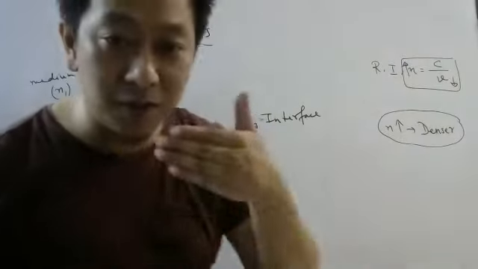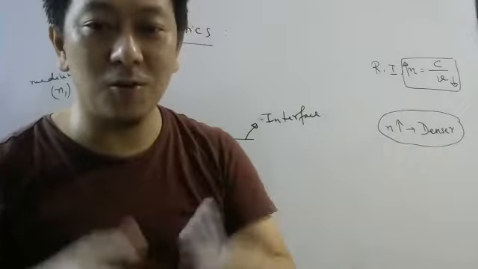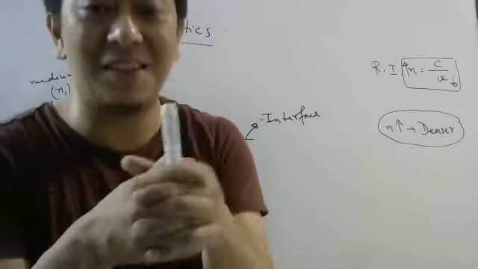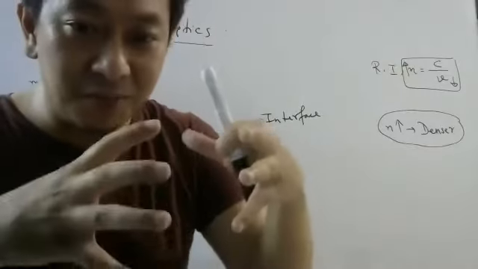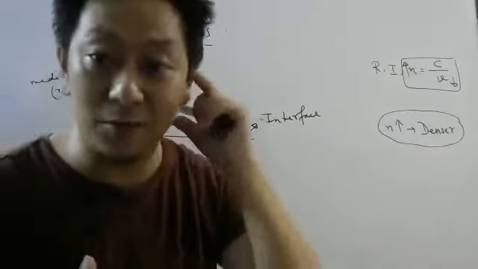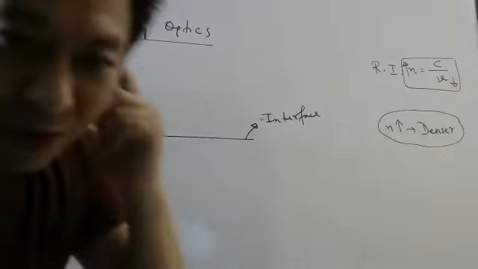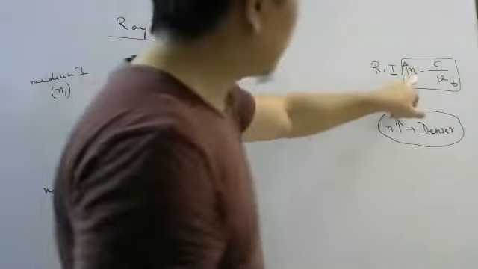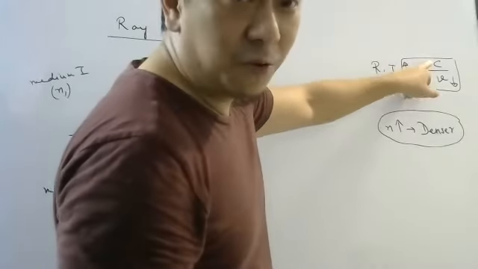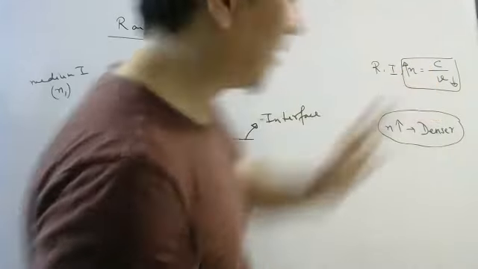So if it will travel slower, it means like, you can say the medium is very dense. So light is not able to travel fast because the medium is very dense. The market is full of people. Something like that you can imagine. So refractive index is velocity of light in vacuum by velocity of light in medium.